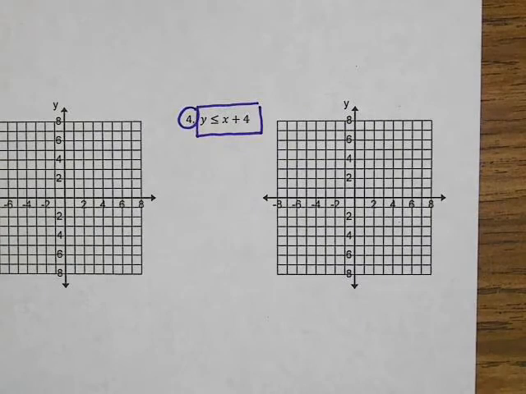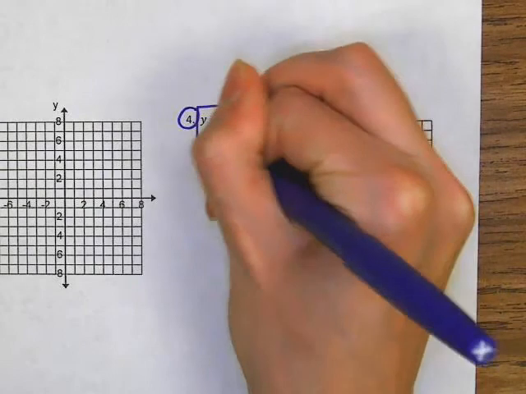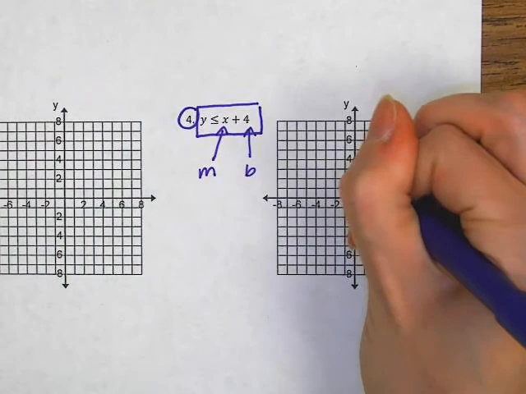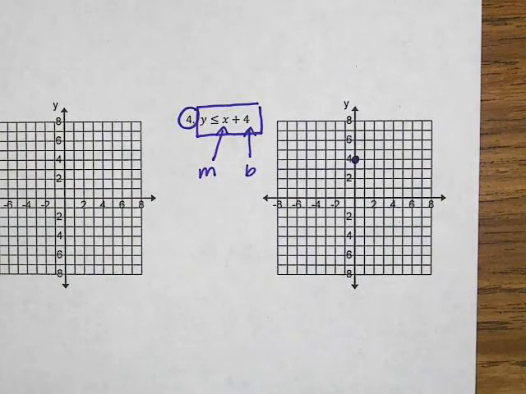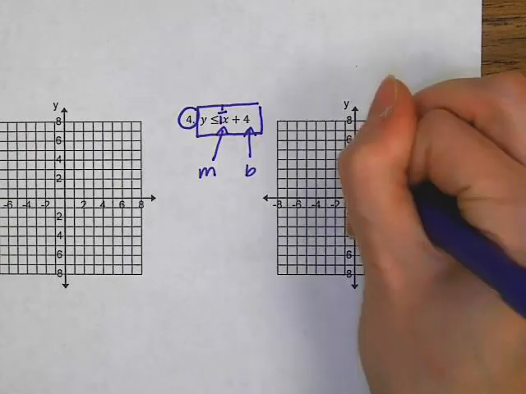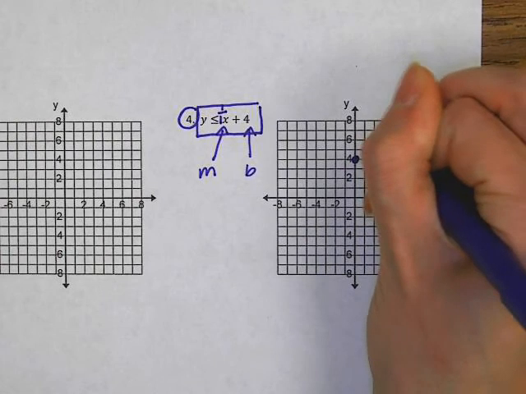Okay, so begin with the b, and move with the m. So we start at the y-intercept of 4, and our slope, if there's no number, it's 1 over 1, positive. So up 1, right 1, up 1, right 1, up 1, right 1.